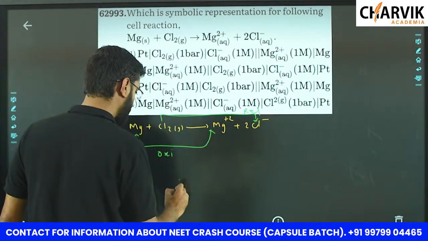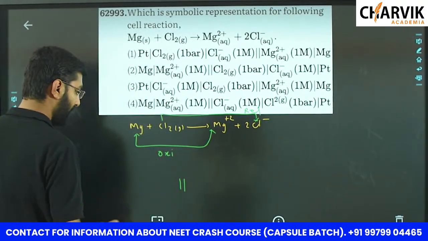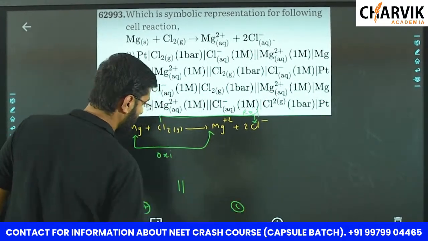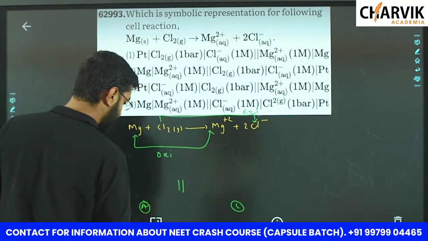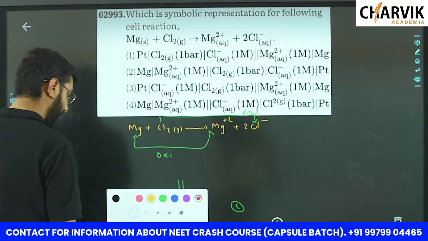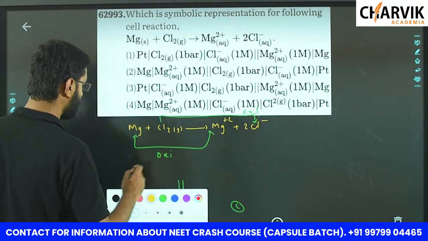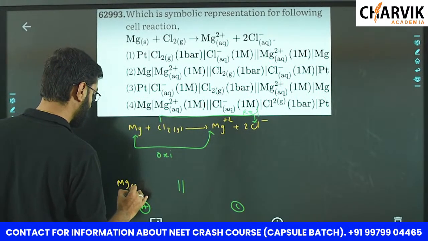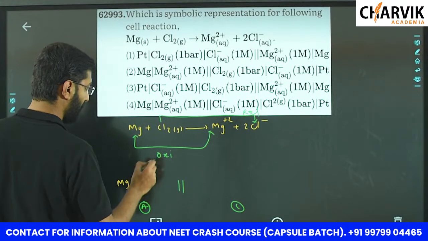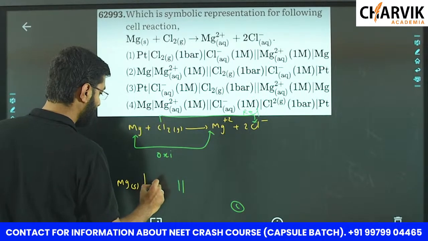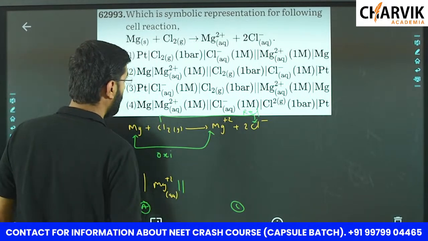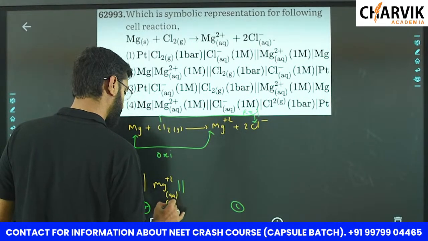So if you have a salt bridge here, left side is anode and right side is cathode, right? So your cell representation looks like: magnesium solid, oblique, Mg2+ aqueous, concentration 1 molar.